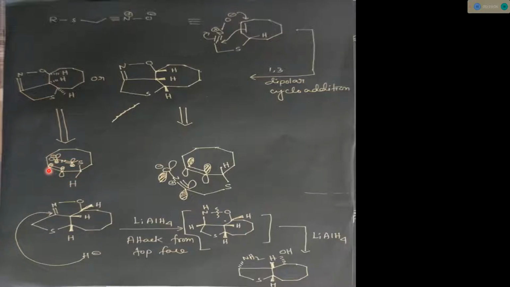Again after ring formation, the stereochemistry of this hydrogen becomes the same as this hydrogen. That's why in this structure the ring junction hydrogens are below, but all are in cis positions. In this case the hydrogens are above the plane, still all in cis positions.